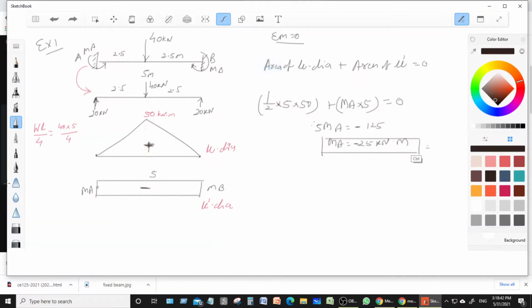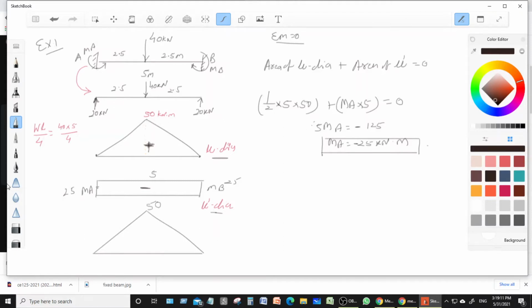Now once we have that moment, you simply write it down here, that is 25, and here it is also 25. Now we need to prepare the final bending moment diagram. This is Mu dash and Mu. How to prepare the final bending moment diagram? First of all, you have to draw the Mu diagram, that is 50, right?